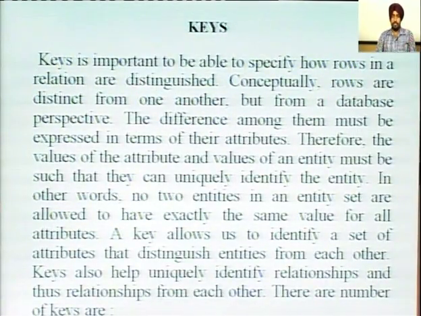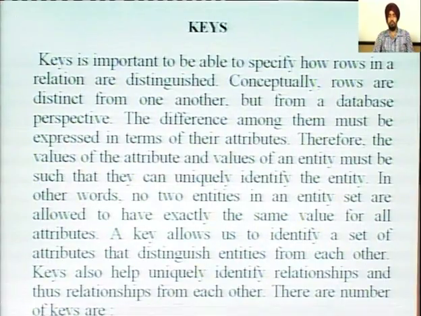Keys. A key is important to specify how rows in a relation are distinguishable. Conceptually, rows are distinct from one another, but from the database perspective, the difference among them must be expressed in terms of their attributes. Therefore, the values of the attributes of an entity must be such that they can uniquely identify the entity.